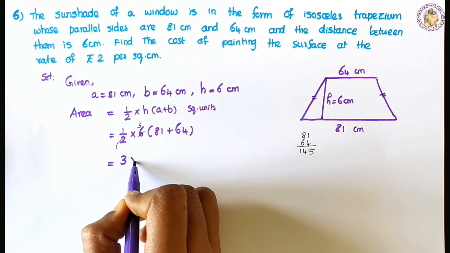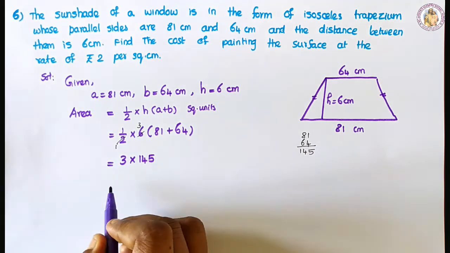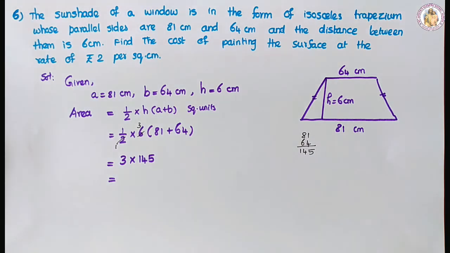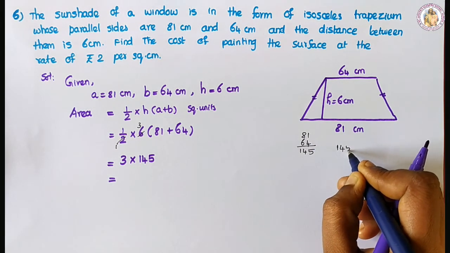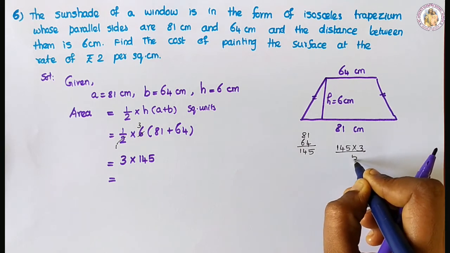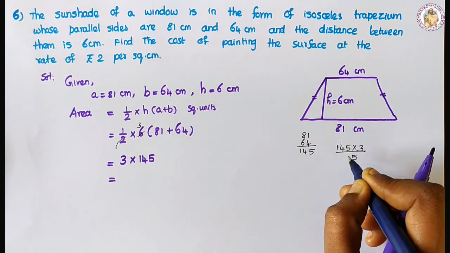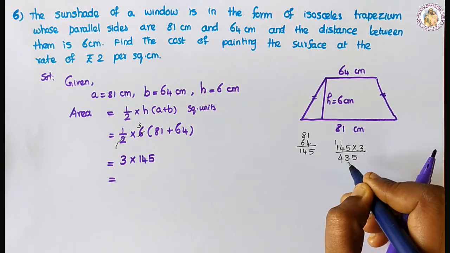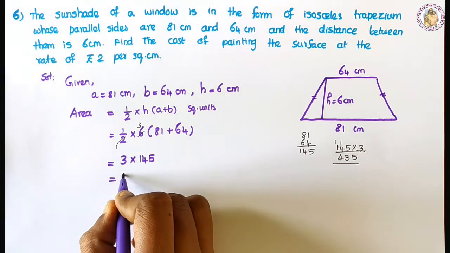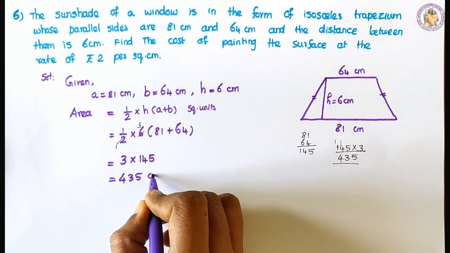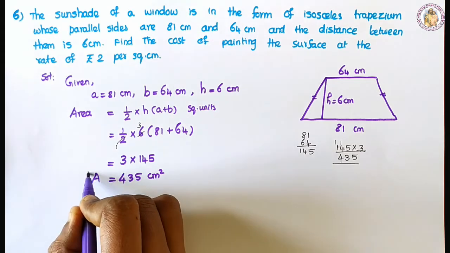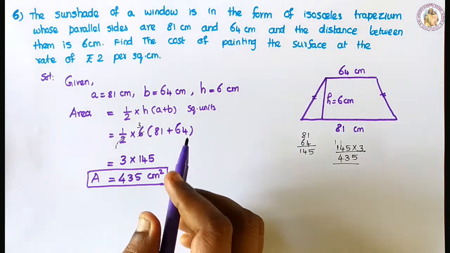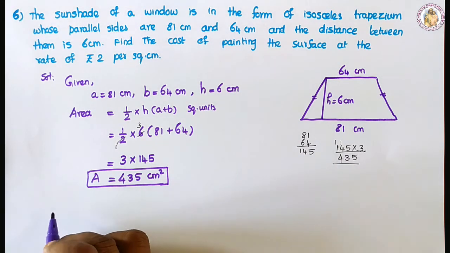So 3 into 145, that is equal to 145 into 3, 5 3s are 15, 4 3s are 12 plus 1 is 13, 1 3 is 3 plus 1 is 4. So 435 centimeter square, that is area of the sunshade of a window. Now we have to find out the cost of painting.